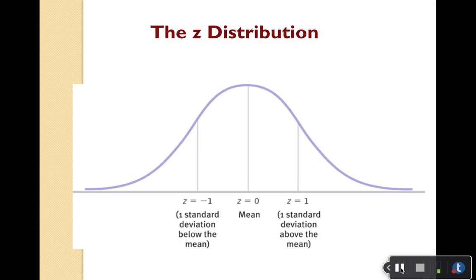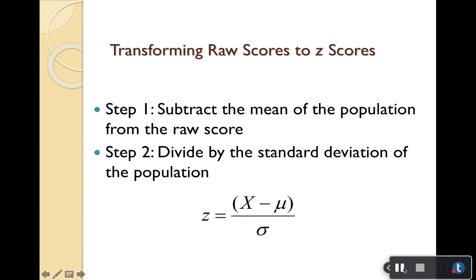As an example, when we talk about outliers, we define an outlier as a z-score that's either larger than a positive 3 or smaller than a negative 3. If you think about that magnitude, once we get into that range, we're really getting into the tails of the distribution. So in general, we care about the sign of the z, whether it's positive or negative, and then how large that number is.